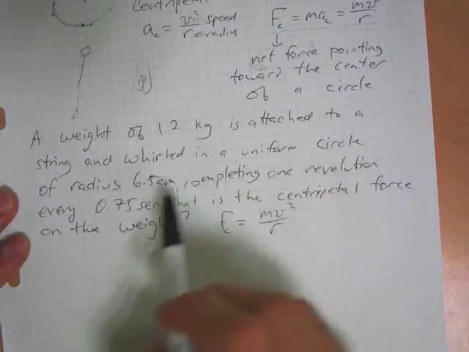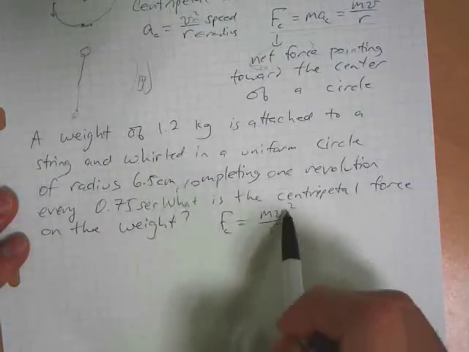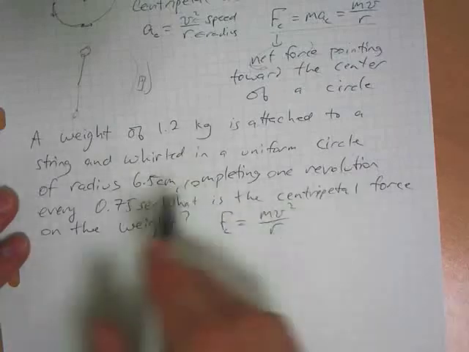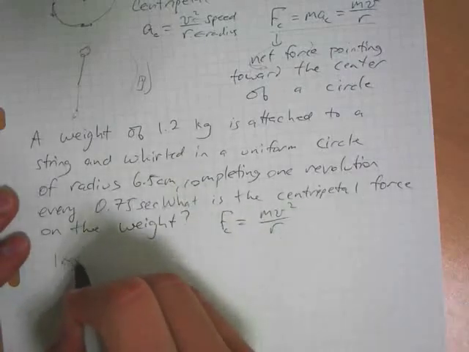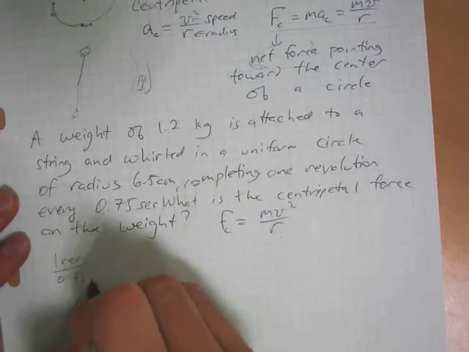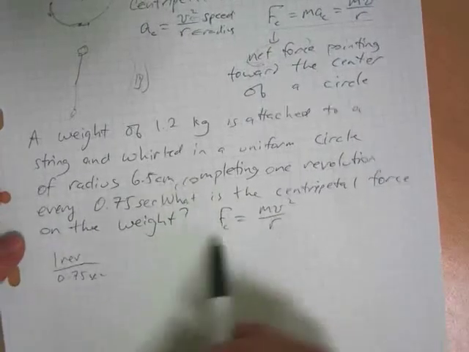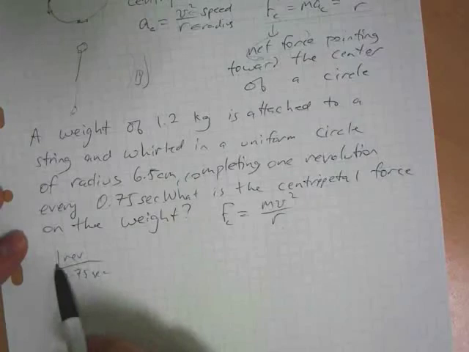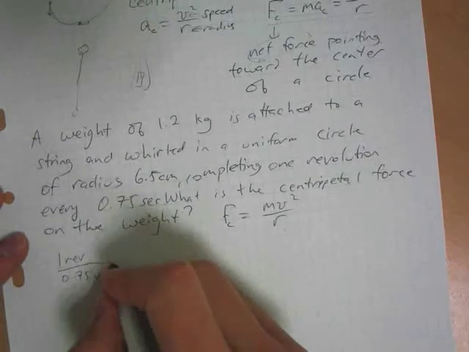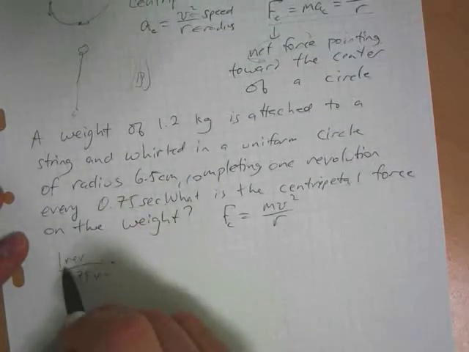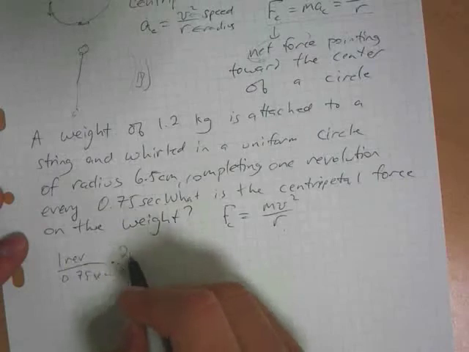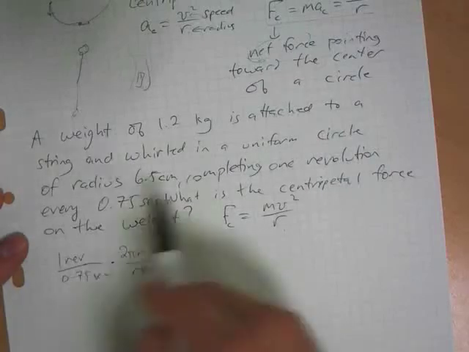What we do know is that we have one revolution every 0.75 seconds. A velocity is a distance over time. One revolution is kind of a distance, and one revolution is 2 pi r. One turn around the circle, the circumference of the circle, is 2 pi r meters per revolution.